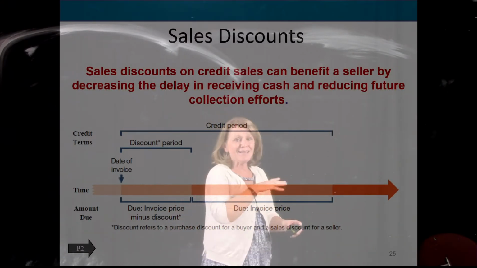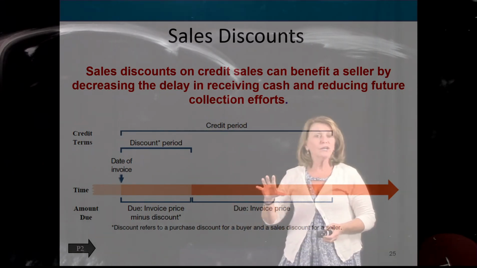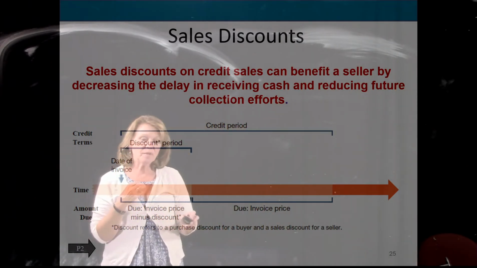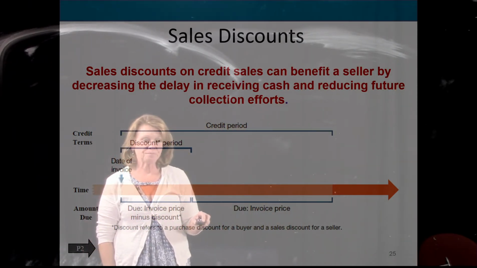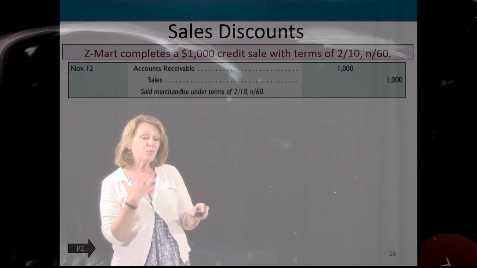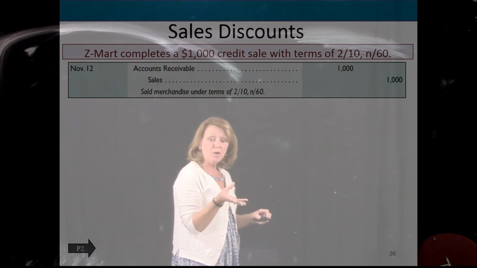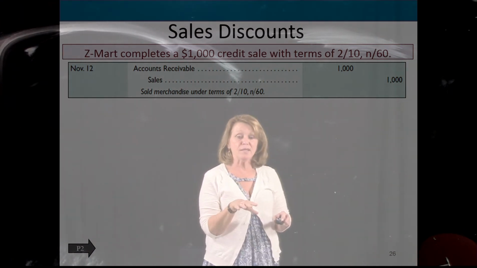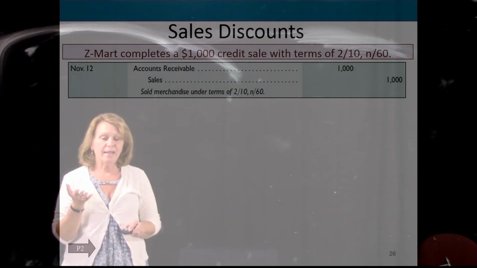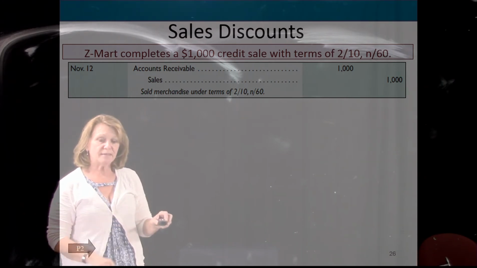So just the opposite of when we were the purchaser, we're going to give terms, discounts, and allowances to the people who buy things from us. So if we sell to someone and our terms to them are $210 net $30, the day we sell it, we have a debit to accounts receivable and a credit to sales revenue.